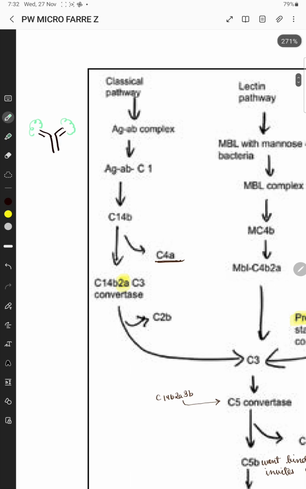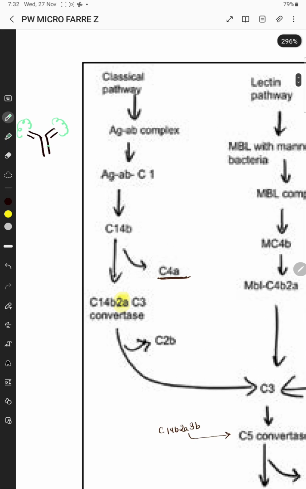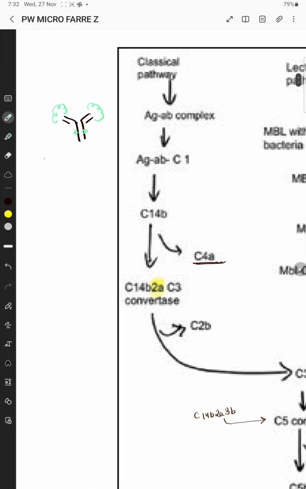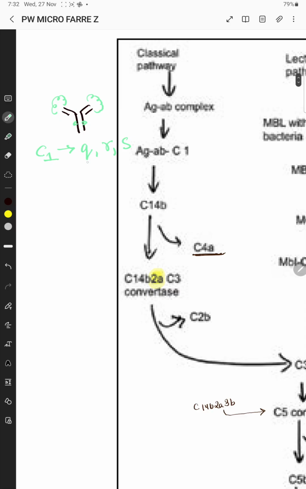The first complement to bind to the CH2 region of the antibody will be C1 protein. C1 has three parts: C1q, C1r and C1s. They will join in this manner only: first C1q will join, then C1r, and finally C1s.